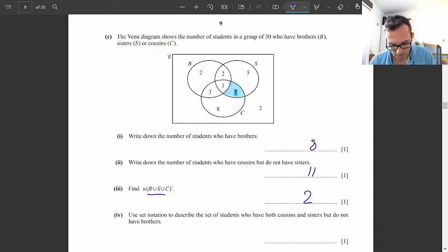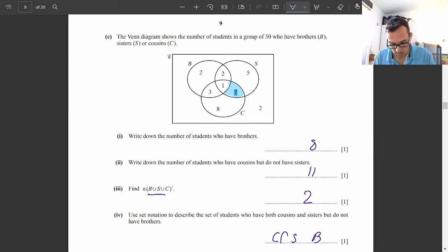Let's start. We're going to have to use cousins, sisters, and brothers. It's all about what goes in the signs. When they need both, the one and the other, that's when we use intersection.